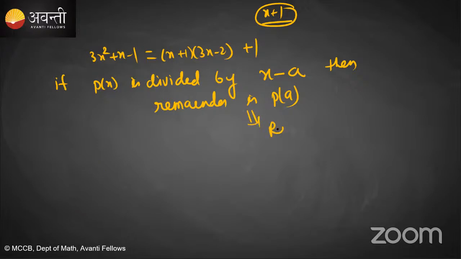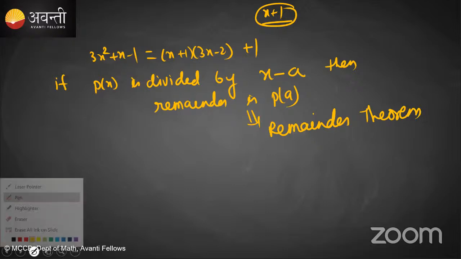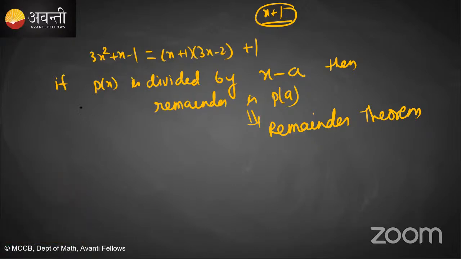This is nothing but the remainder theorem that you should already know from your lower classes. Remainder theorem बचपन में करा होगा ना ये सब, राइट? देखो, it means यहाँ पे p of x था 3x square plus x minus 1, right? And what was the divisor? x plus 1.